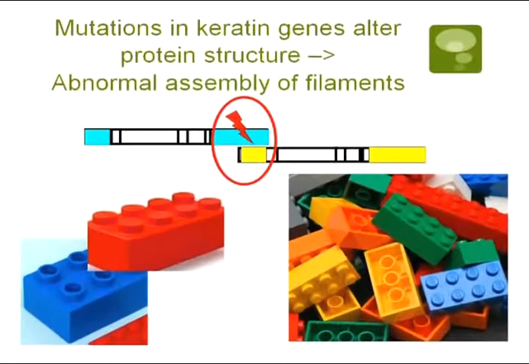If you have a mutation at those overlapping ends of that central domain, it really changes how those filaments can assemble to each other. It's almost like if you take a Lego or a Duplo stone and then you try to build another one on top, but it's not a perfect match. It's a different brand. Let's say you have Lego and Mega and they don't match up.